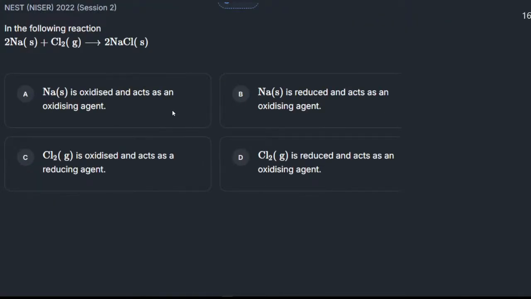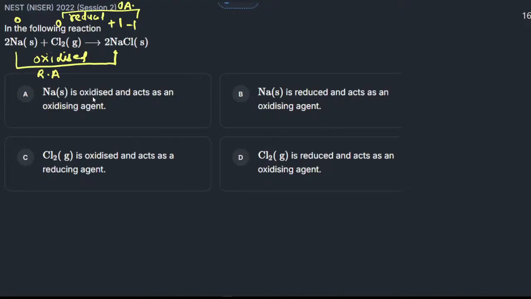Second question is this one. In the following reaction, 2Na solid plus Cl2 gas gives 2NaCl, sodium changes from 0 to plus 1. That means sodium is oxidized, so it acts as a reducing agent. Chlorine goes from 0 to minus 1. It is reduced, so it acts as an oxidizing agent.